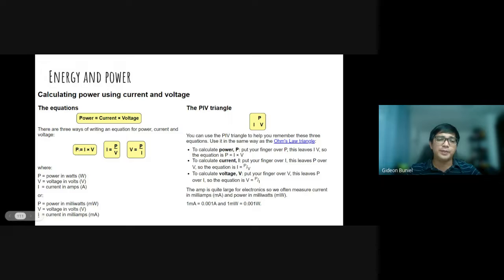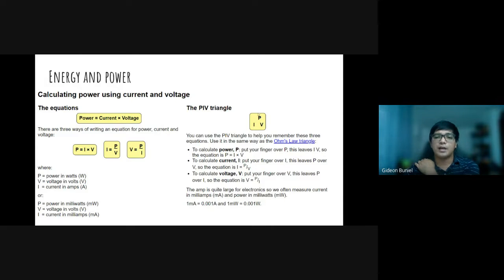The three ways are P is equal to I times V, I is equal to P over V, and V is equal to P over I. So if any one of these three is missing and two are given, then we can calculate the missing one. Again, P is power in watts, V is voltage in volts, I is current in amps, or power in milliwatts, voltage in volts, and current in milliamps.